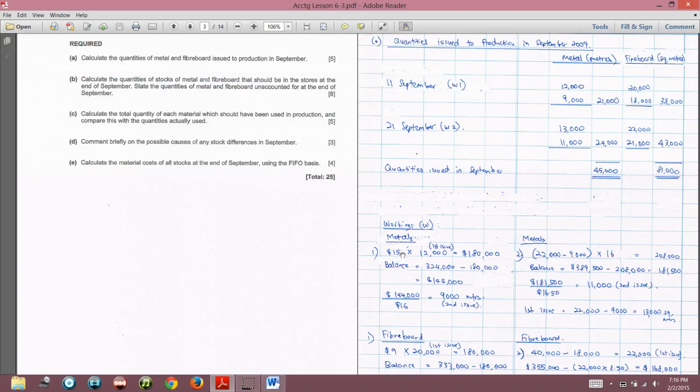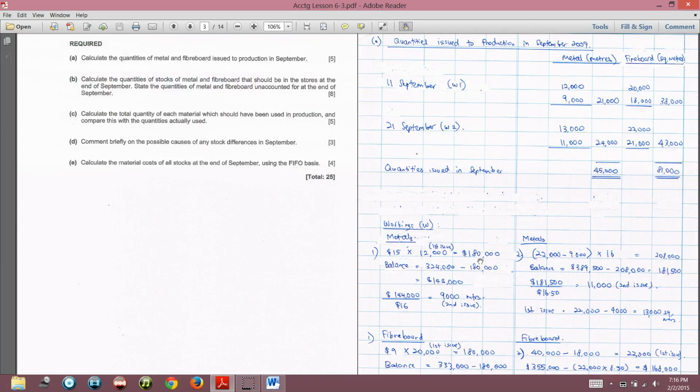The purchase price of the opening stock of raw material was $15. So the first batch that went out, the 12,000 of the opening stock, was valued at $15. The purchase price was $15, so this one is 180,000.